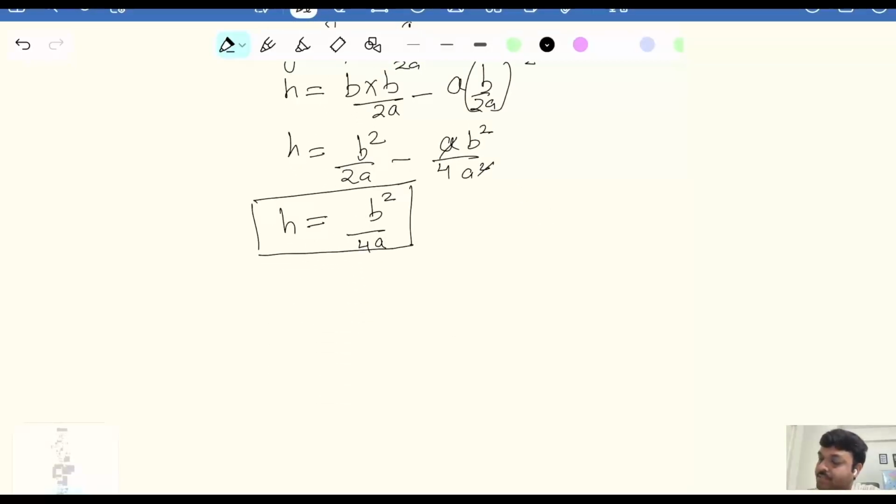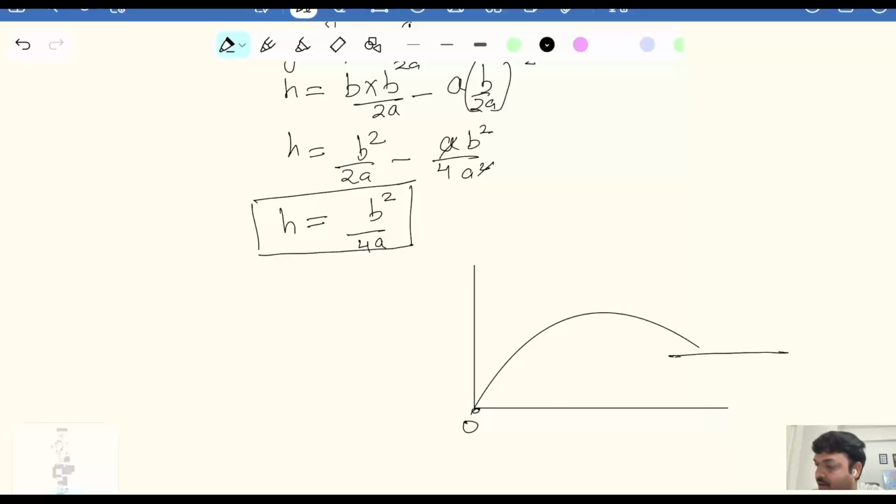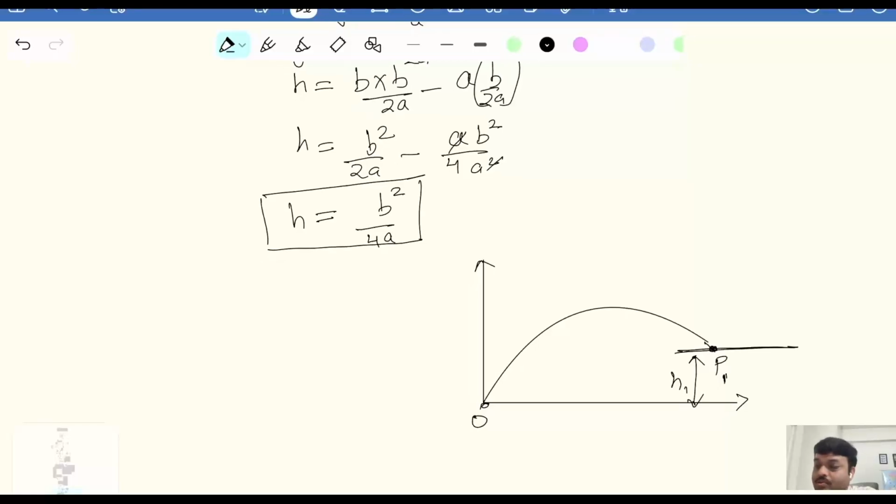So you can have problems like there is a projectile which was thrown from point O, and there is some kind of higher point. On this, it lands at point P1. And if this height is given, say h1, you need to calculate the time of flight and so on. So all these things can be done if you go with basics. Don't memorize any formulas. And I'm trying to focus more on concepts, not on tricks here.